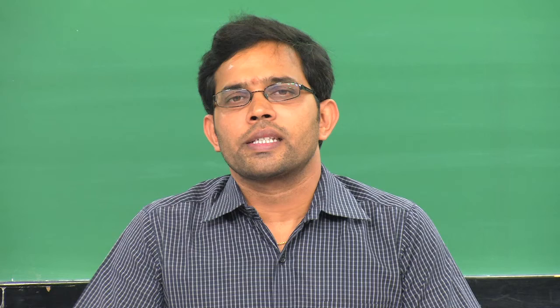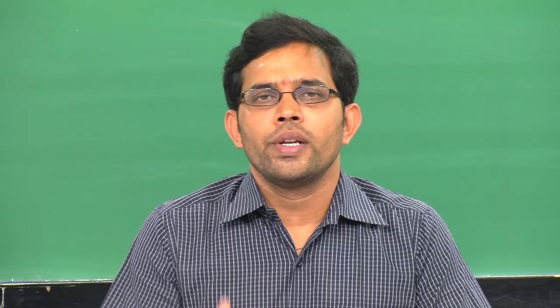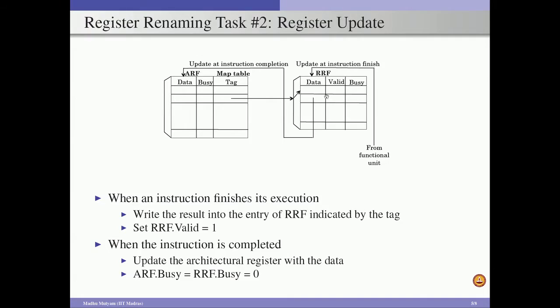So, in summary, the second phase of the register renaming, we are going to update the registers, and the register update happens in two phases. When an instruction finishes its execution, we update the computed value in the RRF, and when the instruction completes its execution, remember I mentioned twice, once when an instruction finishes its execution, and the second time when the instruction completes its execution.